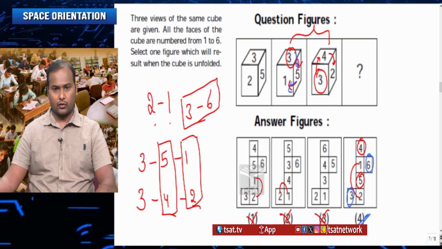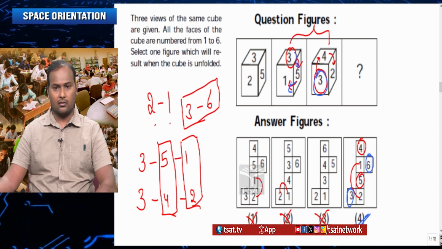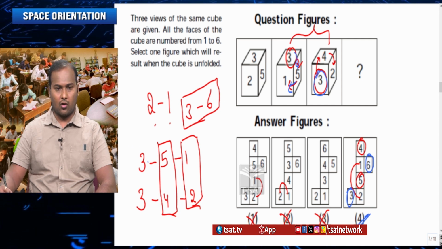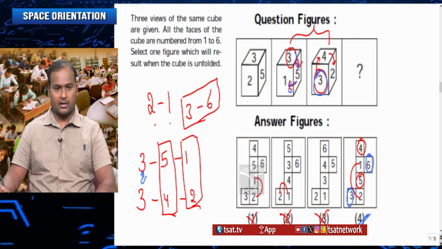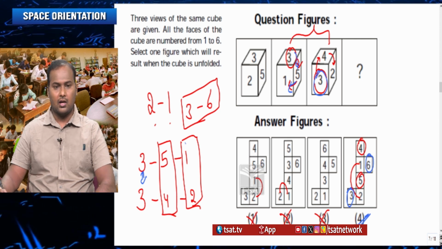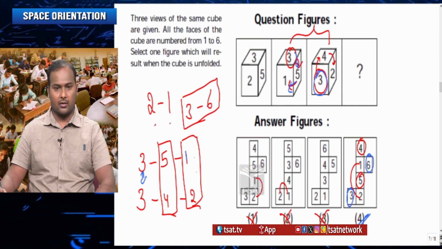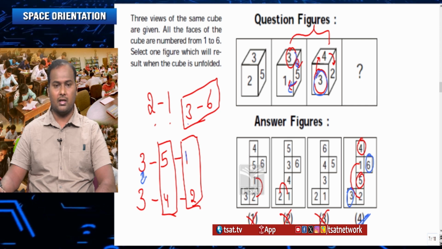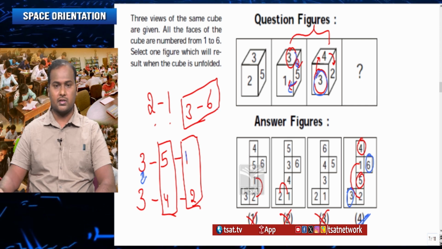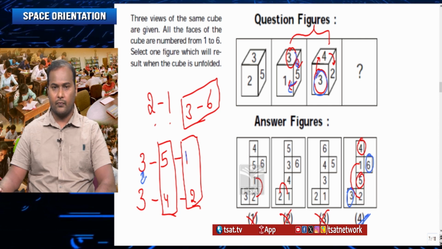In the other cube, from the common 3, if I move clockwise, I got 4 and 2. So from the common 3, the next ones are 5 and 4, and obviously they became opposite. In the clockwise direction we got 1 and 2, and they also became opposite. So once 5 and 4, and 1 and 2 are opposite, the remaining faces 3 and 6 became opposite. After finding out the opposites, check with the options, and you will get the answer.